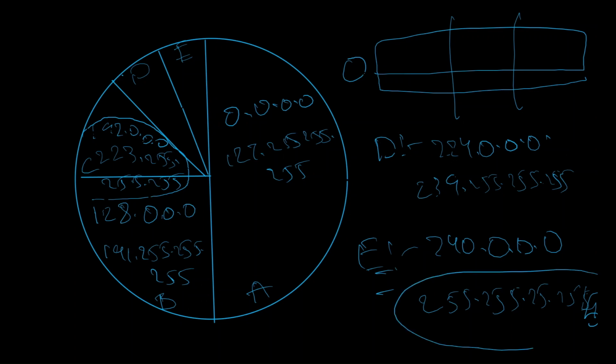Because this is called a broadcast address, direct or limited, I'm not sure which it is, I forgot. So this is a broadcast address. Let me tell you, you can take a screenshot of this if you want.